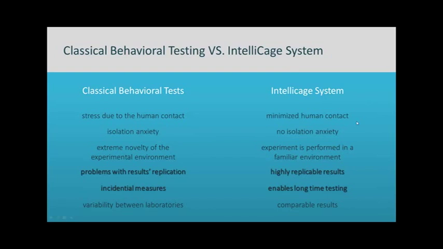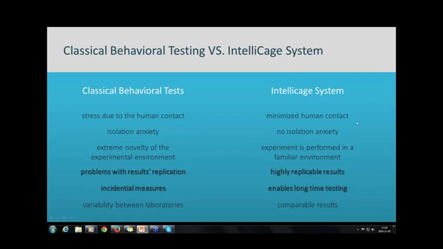As you can already see, we can achieve quite replicable results with the system, and it's possible to monitor behavior of mice for a long time, so we can observe some differences related to the light-dark cycle, but also longer biological rhythms.